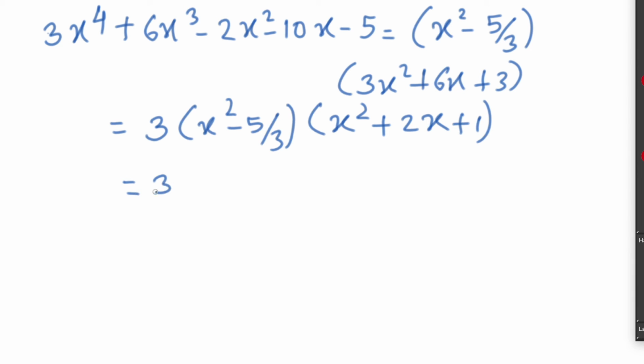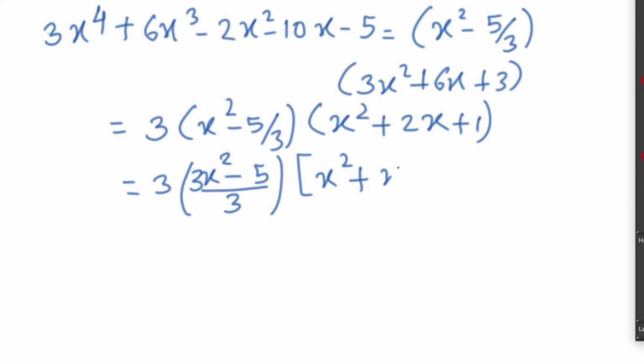If I take LCM here to cancel 3, this will be 3x square minus 5. You can factorize this quadratic equation easily. Then 3 and 3 get cancelled, so this will be 3x square minus 5.